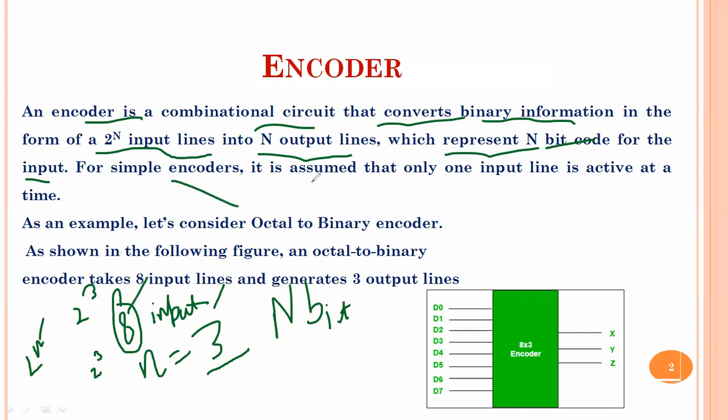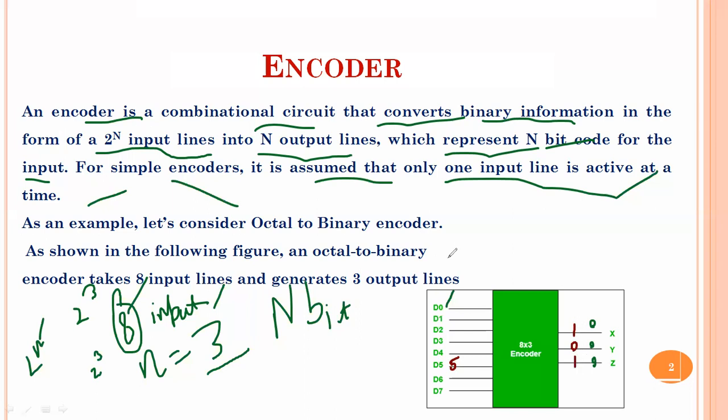For a simple encoder, it is assumed that only one input line is active at a time. Like if D0 is active, all the values are 0, 0 and 0. If D5 is active, it will become 1, 0 and 1.